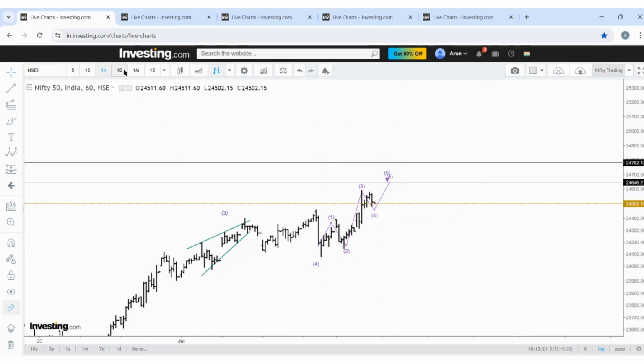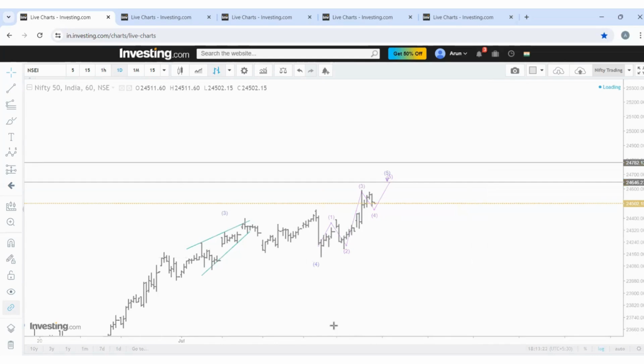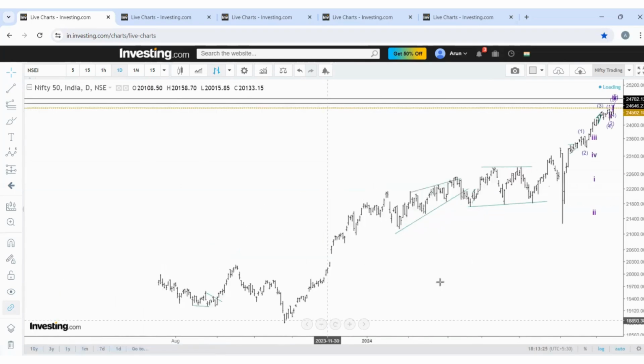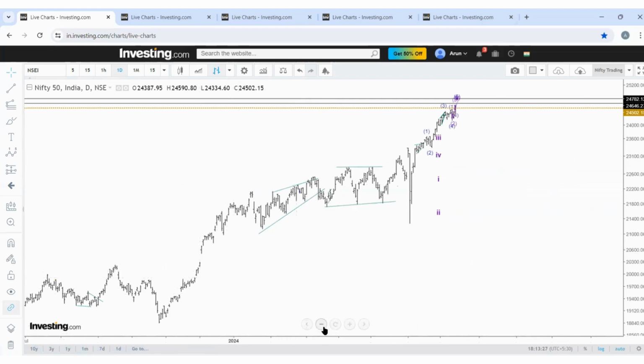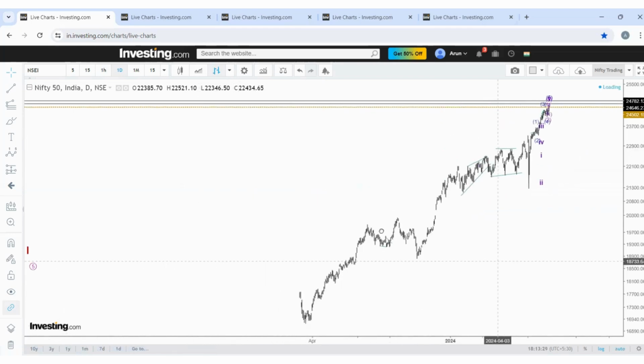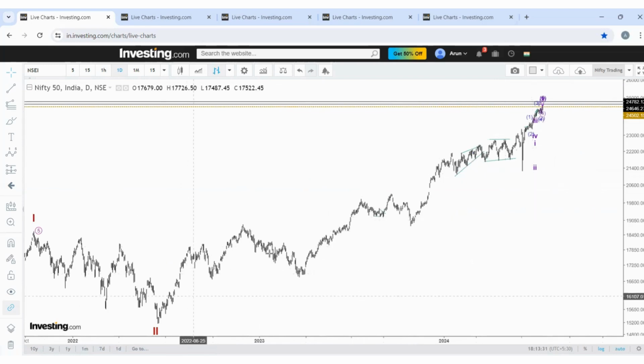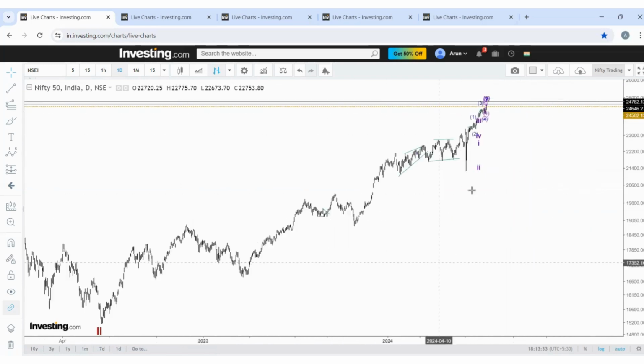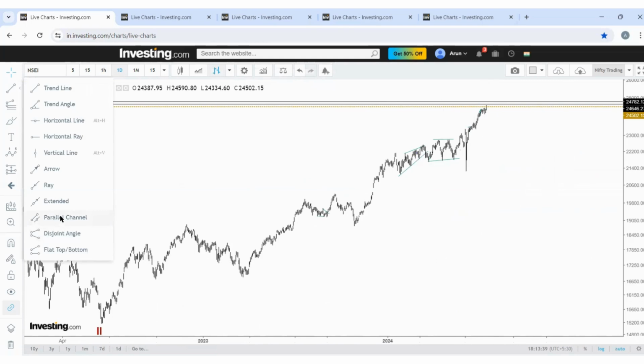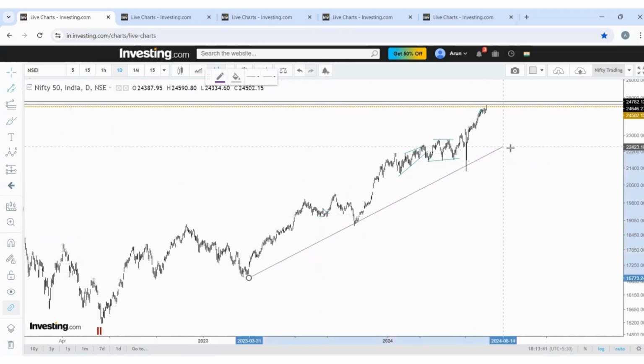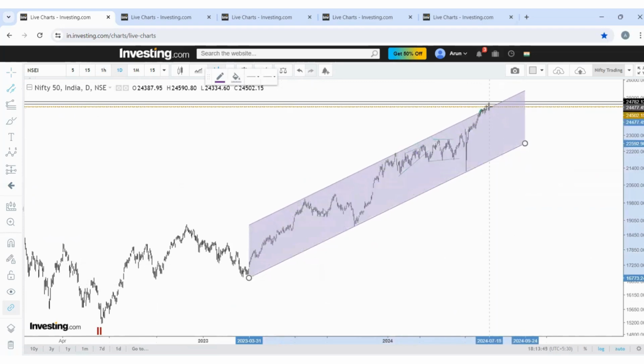See, in the daily chart, I will draw for these subwaves only, 1, 2, 3, 4, 5. If I connect here, the price is already at an important channel resistance.